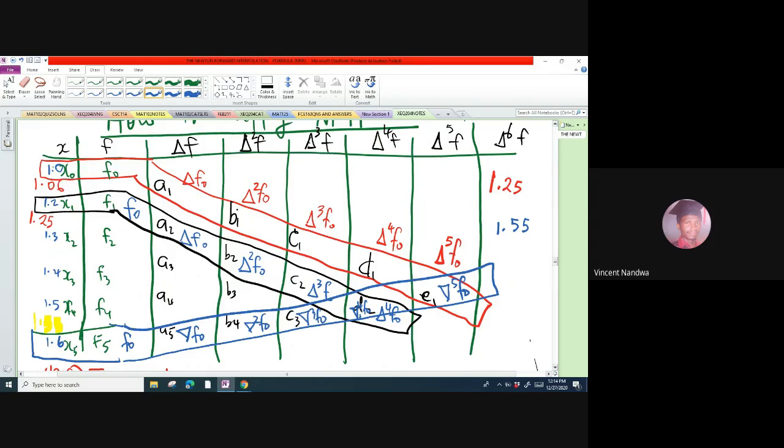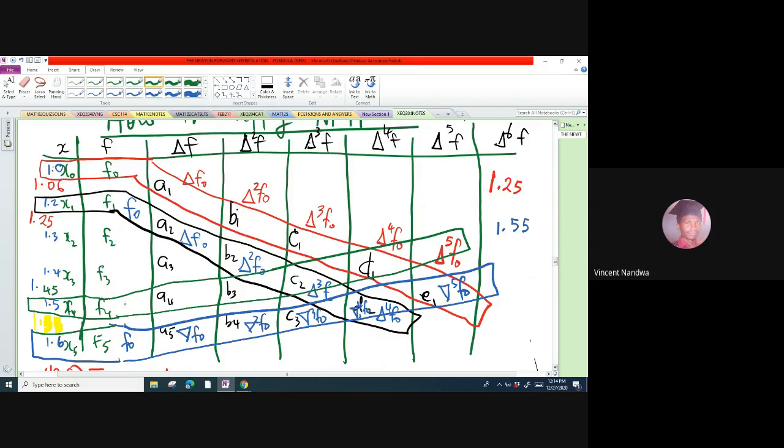So this is how we apply. Actually the opposite of what you do in the case of the forward. If they ask you to find a value like say 1.45, you pick the value below it. So you pick this value here, and then you use this as your value.